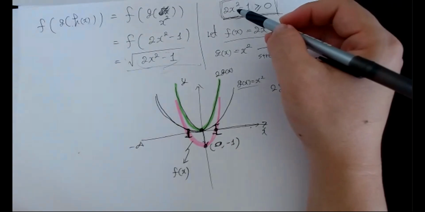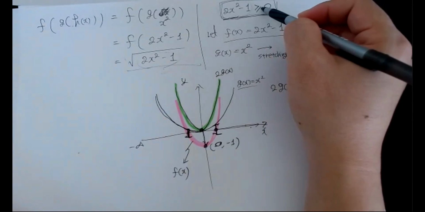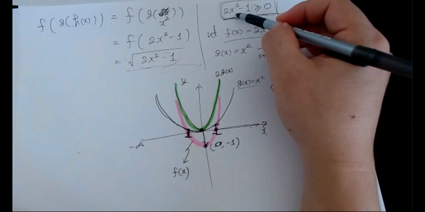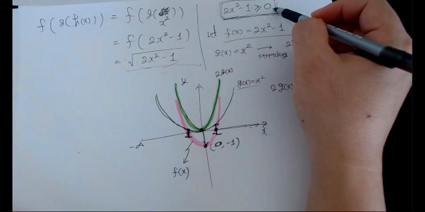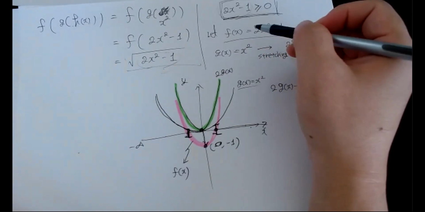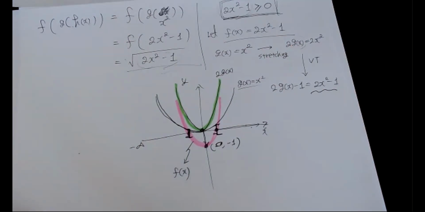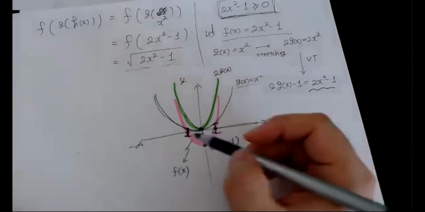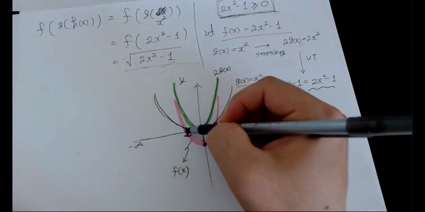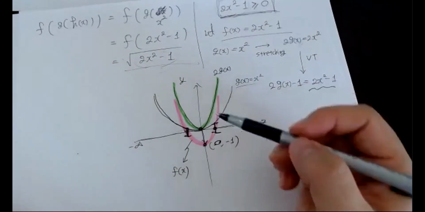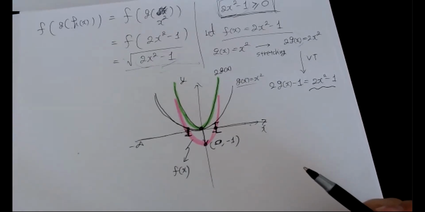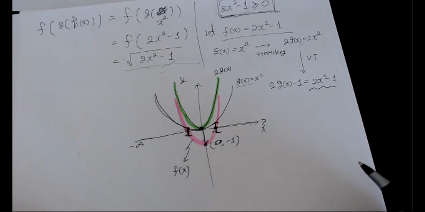Because we want to find where 2x squared minus 1 is greater than or equal to 0, it means f of x is greater than or equal to 0. But f of x is nothing but the y value. So we want the intervals on the x-axis where the y value is positive or 0, greater than or equal to 0. In these intervals the graph lies above the x-axis, so the y value must be greater than or equal to 0, okay?